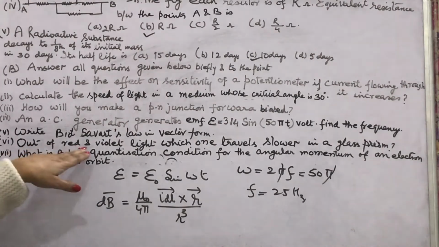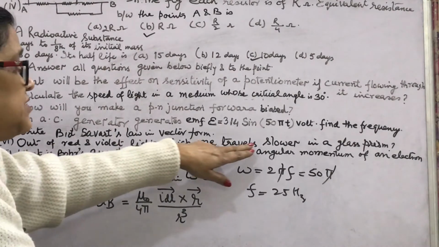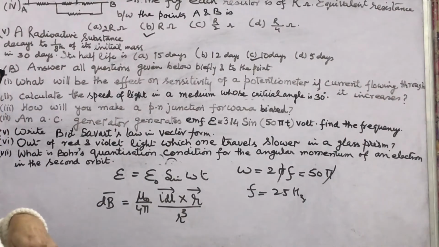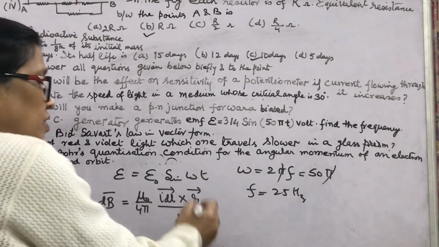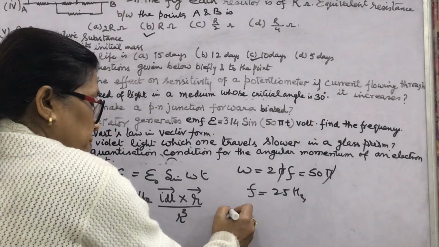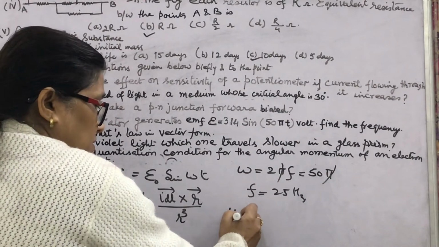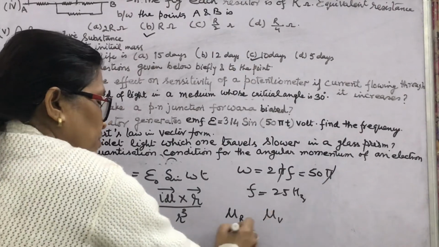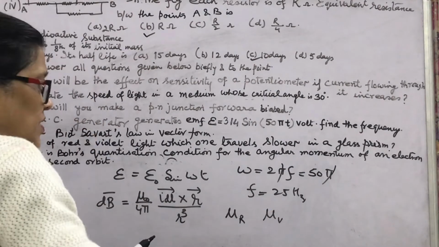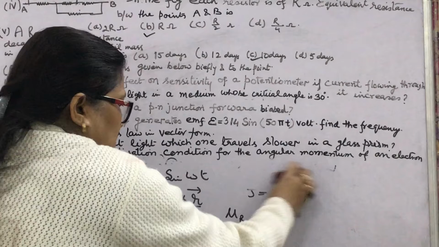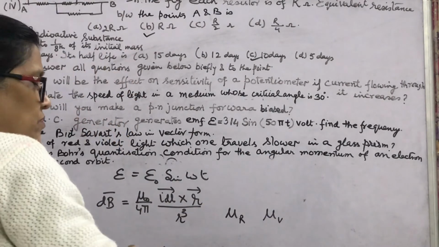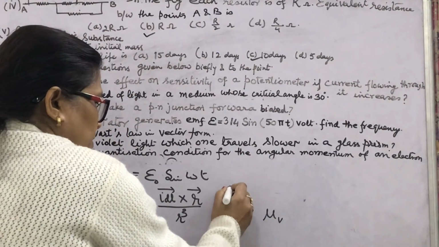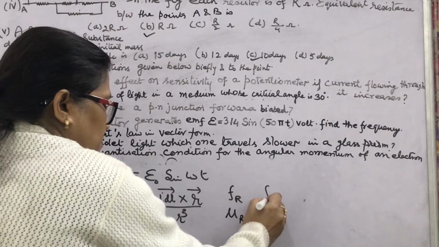Next, out of red and violet light, which one travels slower in a glass prism? You know, for a prism, if you learn the relations for mu r and mu v, for violet and red, then you will find fr and fv.